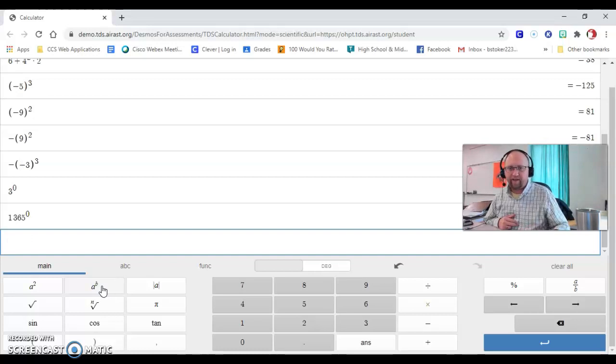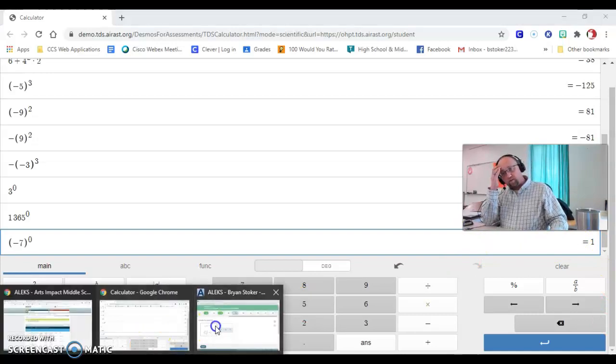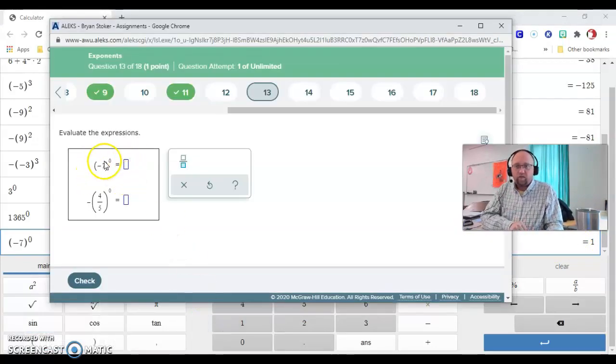If I have a negative number, now I'm going to use parentheses to indicate that negative number, because if I don't, then the calculator is going to read it as a -1. It gets back to that -1 thing. But if I take -7 to the 0 power, I get 1, okay?